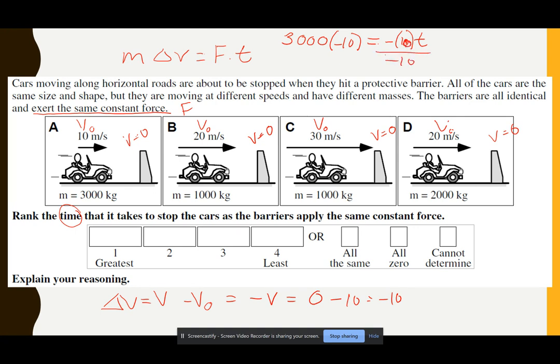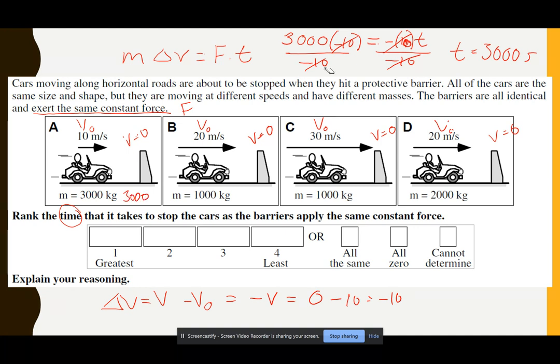So we're just trying to find our time. So that ends up canceling out, and our time ends up equaling 3,000 seconds. And you sit there and just do that for each one. So this is 3,000.